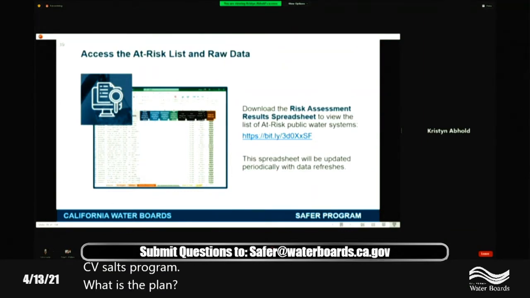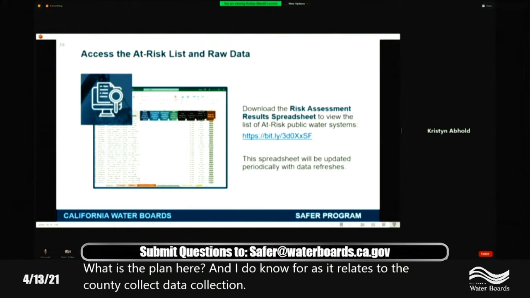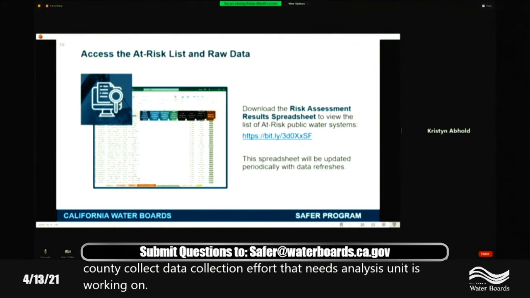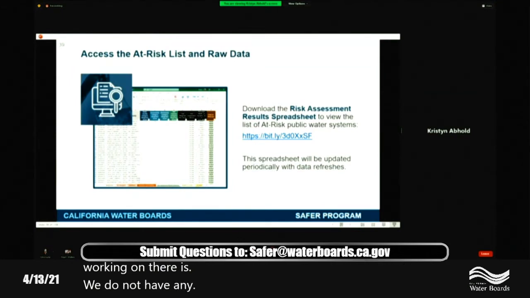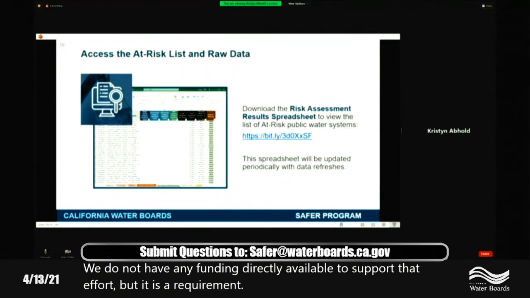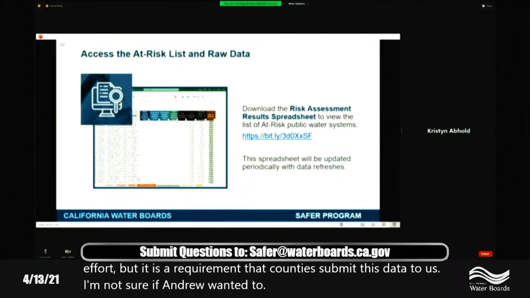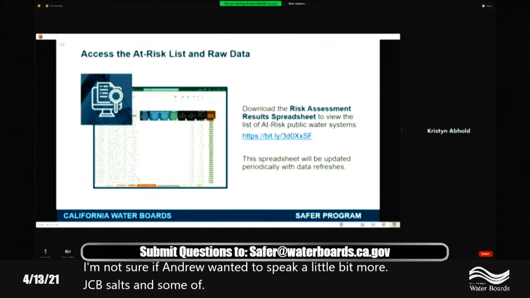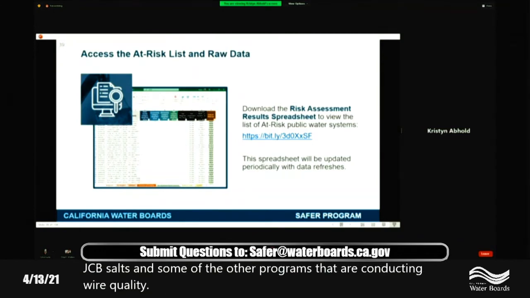As it relates to the county data collection effort that the needs analysis unit is working on, we do not have any funding directly available to support that effort, but it is a requirement that counties submit this data to us. I'm not sure if Andrew wanted to speak a little bit more to CV Salts and some of the other programs that are conducting water quality sampling for domestic wells.